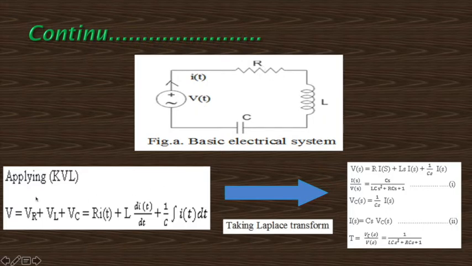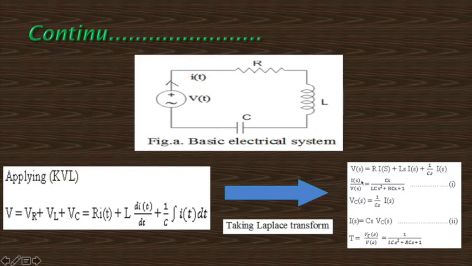Taking KVL, the total voltage equals the voltage drop across resistance, inductance and capacitance. So v(t) equals R i(t) plus L di/dt plus 1 by C integration of i(t) dt. Then taking Laplace transform, we get this equation.